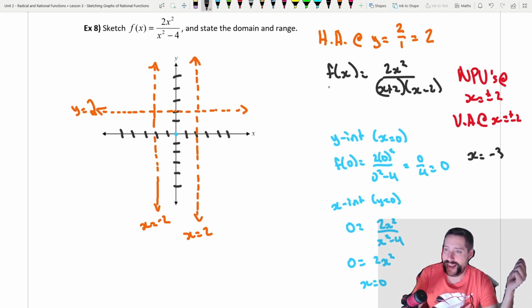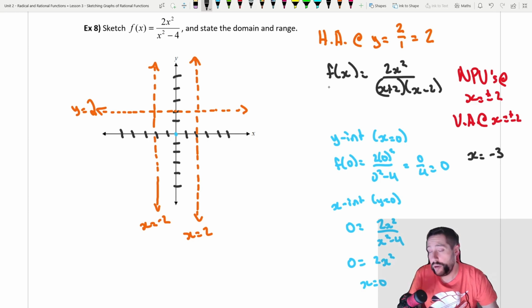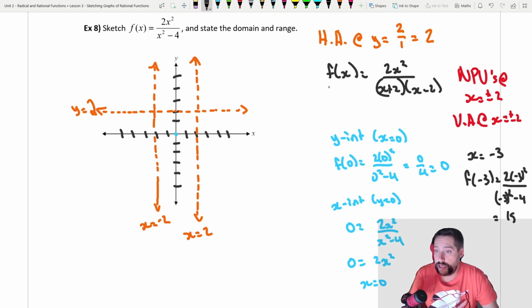We have f of negative 3 is equal to 2 times negative 3 squared, all divided by negative 3 squared minus 4. Okay, 3 squared is 9, 2 times 9 is 18, so we have 18 over 9 minus 4, which is 5. So it's 18 over 5. That means at negative 3, it'll be at 18 over 5. Okay, so that's 3 3/5.